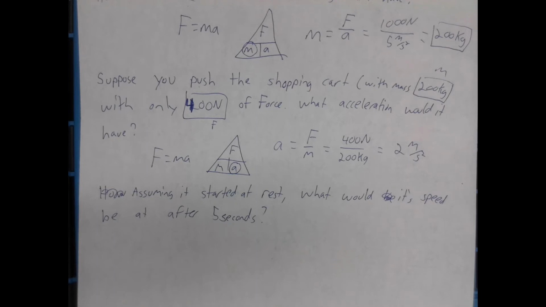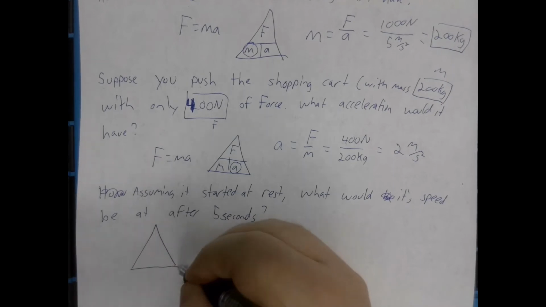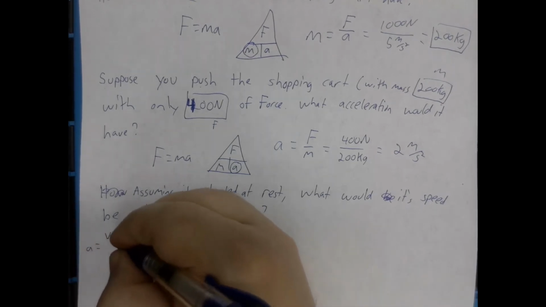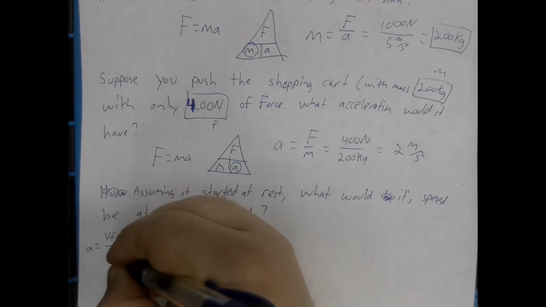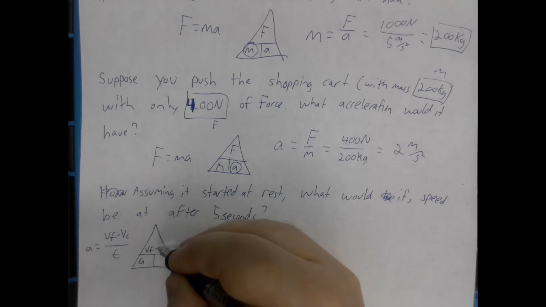So we know that the acceleration is 2 meters per second squared. And we're asking what would its speed change by? It started at rest. How much would its speed change? So if you think back, acceleration is equal to change in velocity over time, Vf minus Vi over time.